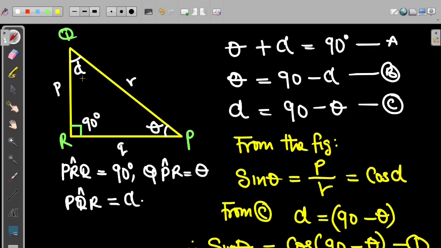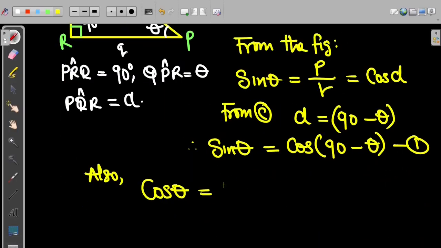For sine alpha, q is opposite, while for cos theta, q is adjacent. So therefore, cos theta is equal to sine alpha, which is q divided by r.